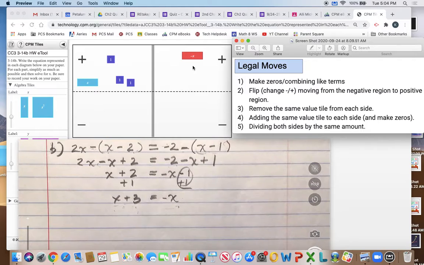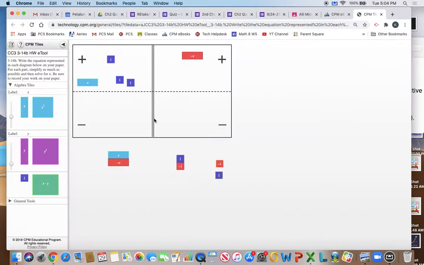So let's get all the x's on this side. So why don't we add a negative tile? So what we can do is, well, we can add a positive tile to both sides. And we can zero that out.